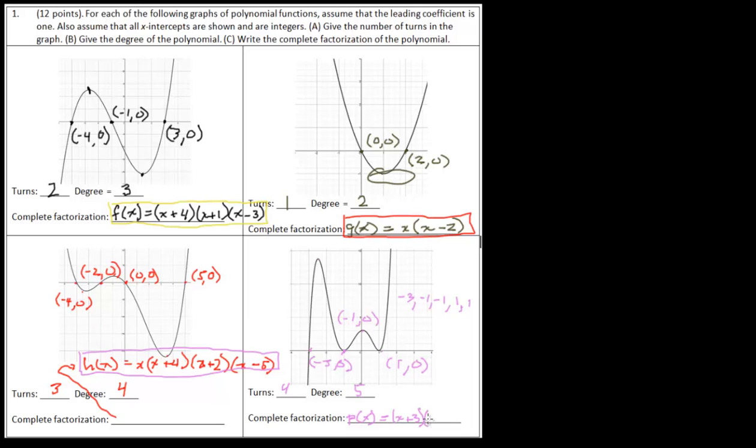And then we have a factor at x plus 1, corresponding to this -1, 0 intercept, but that's double, so that's squared. And then x minus 1, and for that, again, squared. So there's our answer for that one.